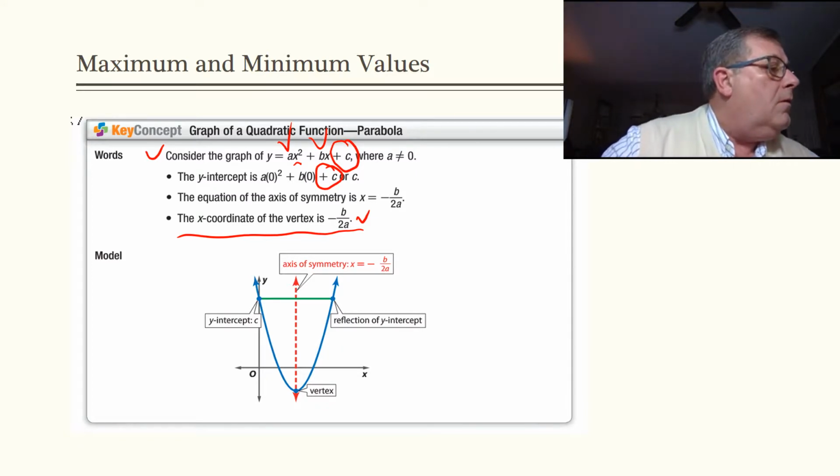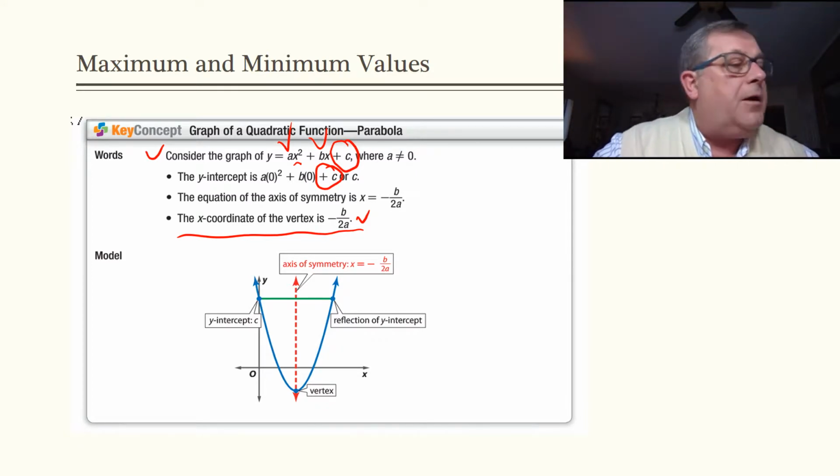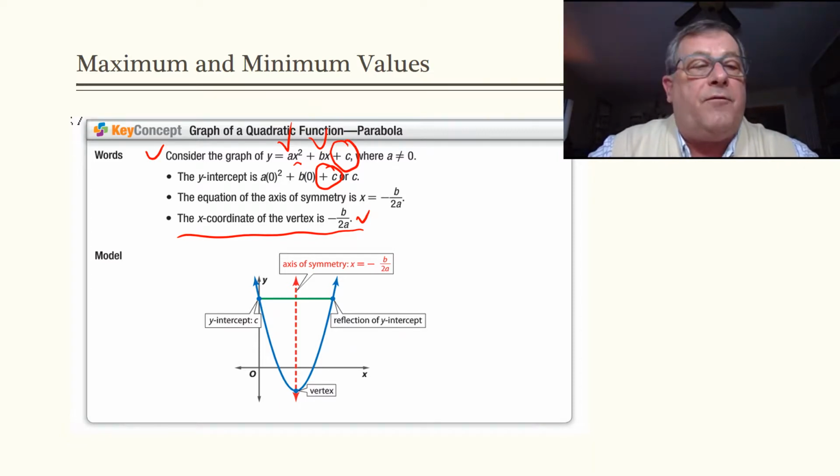So when I'm finding the minimum value or maximum value from an equation, the first thing I want to do is find where that vertex is, and then plug in that x-coordinate. Because when I'm finding the vertex, I'm finding an x-coordinate. I plug that x-coordinate into my quadratic equation and solve, and that's going to tell me what the y value is at the vertex.